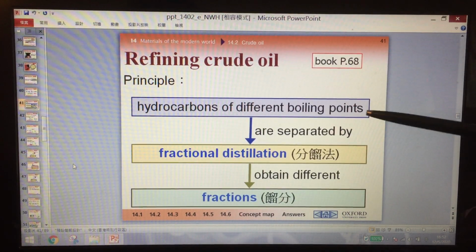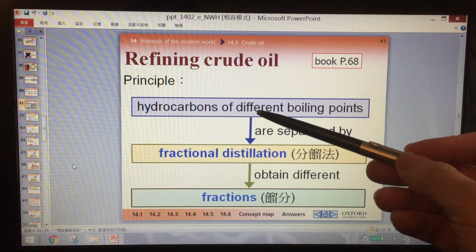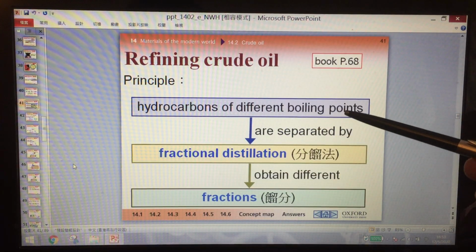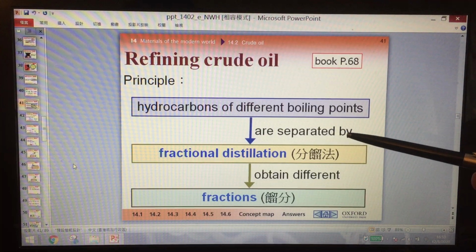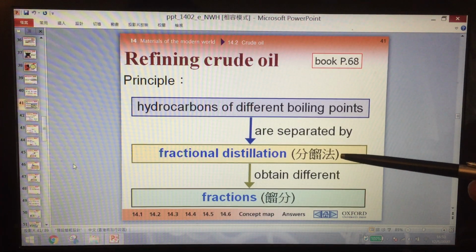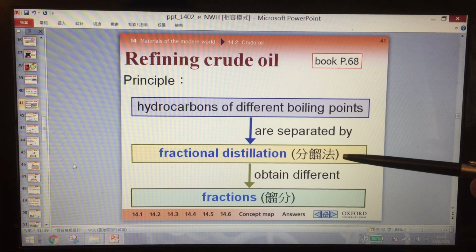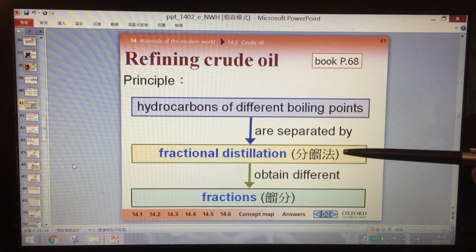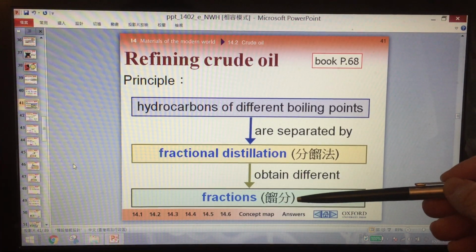So we know that the hydrocarbons will have different boiling points. Different sizes will have different boiling points, and then we can separate them. And what is the method? The method is called fractional distillation. Okay, and the products we obtain are called fractions.